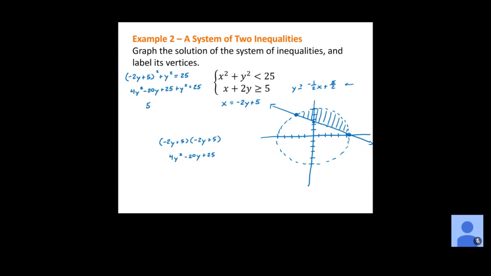Okay, good. So we have 5y squared minus 20y plus 25 equals 25. So then you would need to do what next?